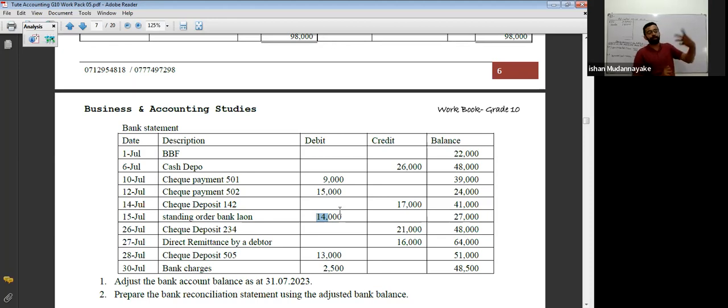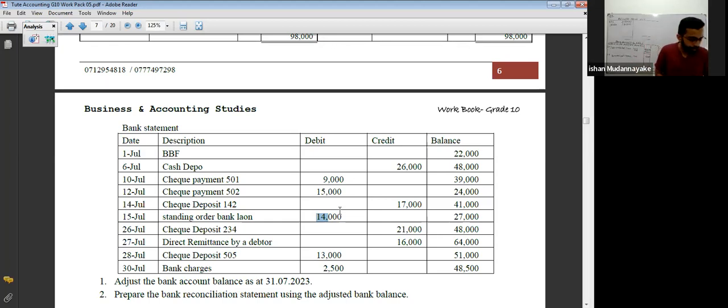You have given a standing order to the bank. But you were unable to record that 14,000 in your bank account until you received the bank statement. That is one of the errors done by you. Then you need to correct that error as soon as possible. If you are the accountant of the business, you need to correct that issue.